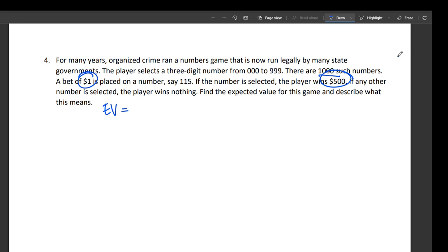So our expected value, we are going to take our gain times its probability minus the loss times its probability. So our probability of winning, we win whenever we pick that one number. So it says in this case, we're going to pick 115. So that is one number out of 1,000. So our probability of winning is 1 over 1,000.